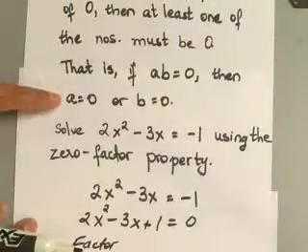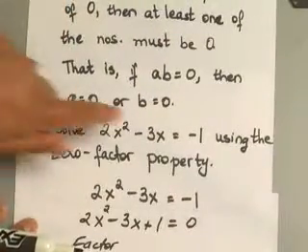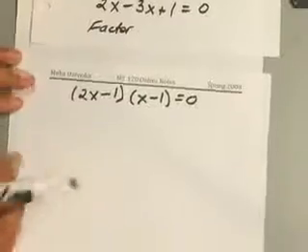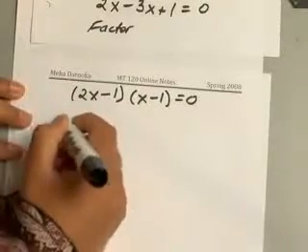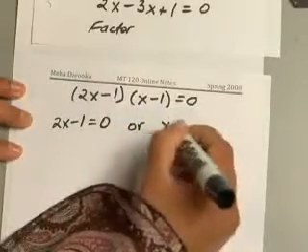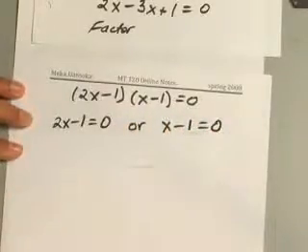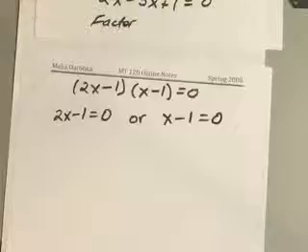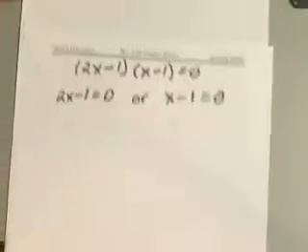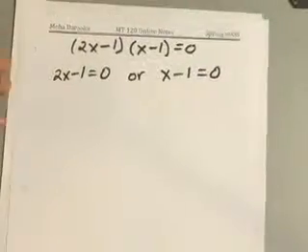Now by zero factor property, we're saying either the first term equals 0 or the second term equals 0. So that's the exact same thing we will do here. We will say that either 2x minus 1 equals 0 or x minus 1 equals 0. Okay, solve each one of these equations and see what values for x we come up with.